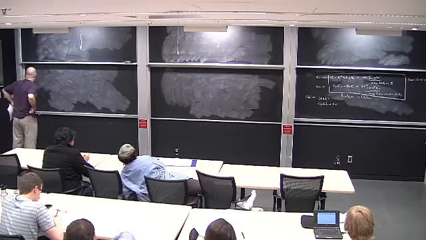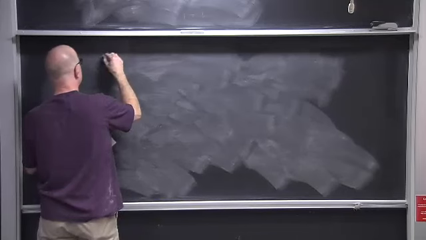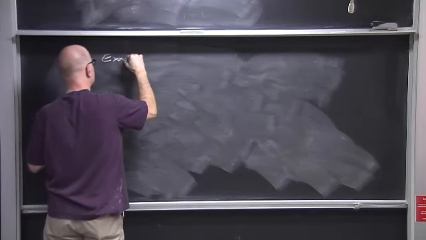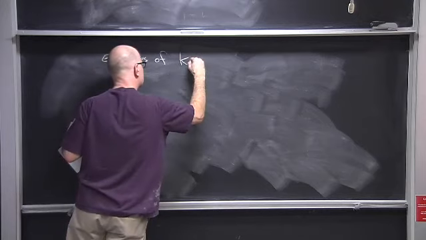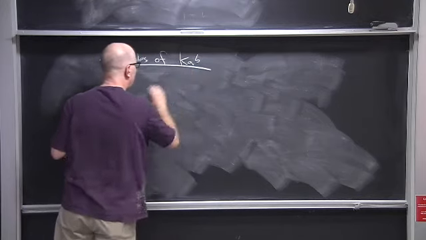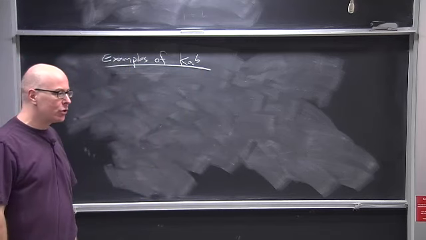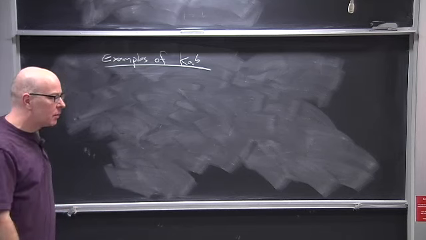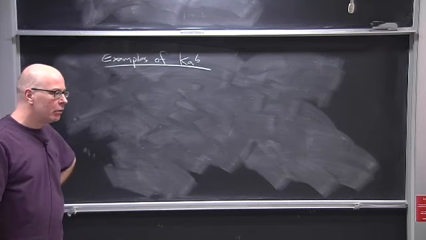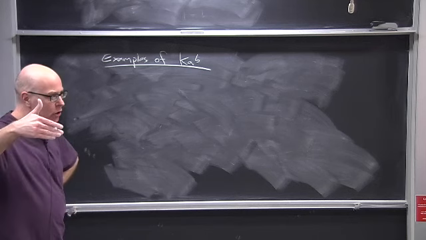Okay, so let's look at examples of extrinsic curvature. I'll start with two-dimensional surfaces embedded in three-dimensional space, and then I'll do three-dimensional surfaces embedded in space-time. So the dimensionality of the surface relative to the dimensionality of the bulk.